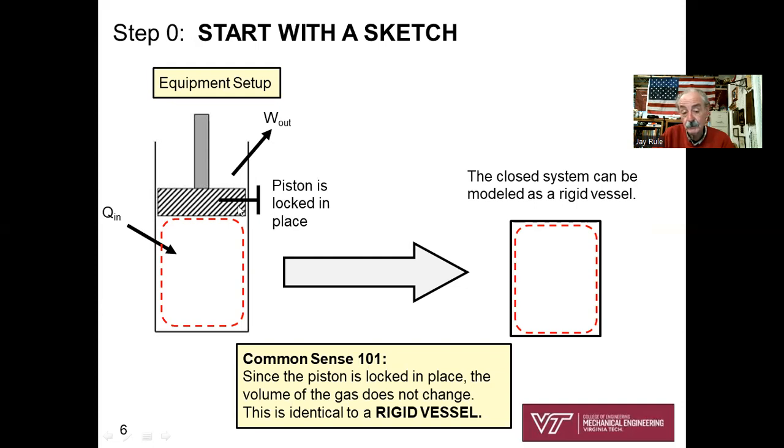It won't say piston locked in place. You're not going to get that out of the textbook, but there will be lots of problems where it says a rigid vessel. So that's your key to say fixed volume. Volume is constant for a rigid vessel. Makes sense, right?